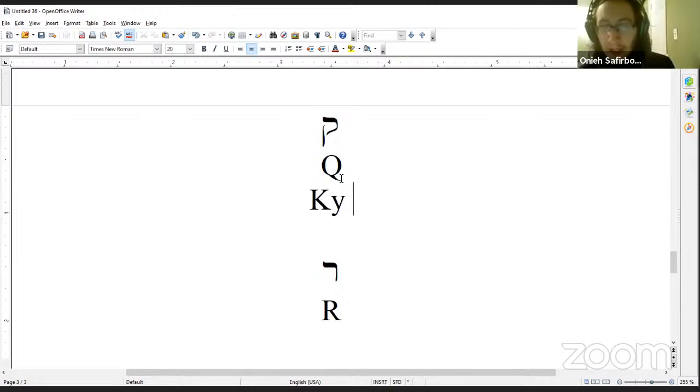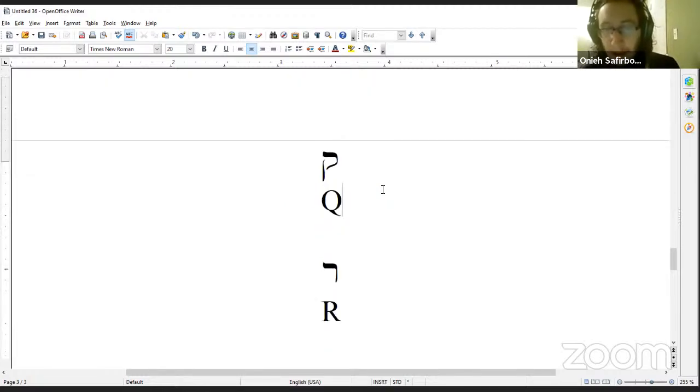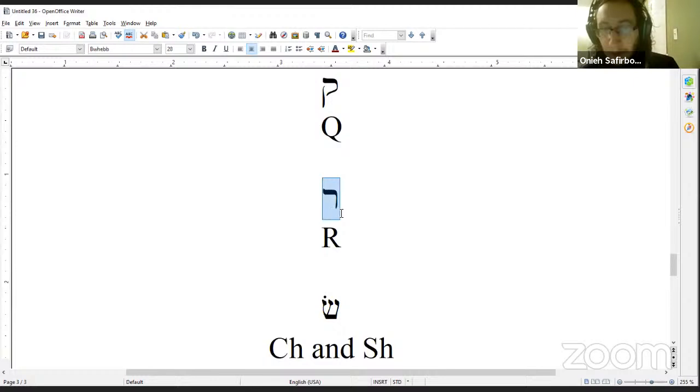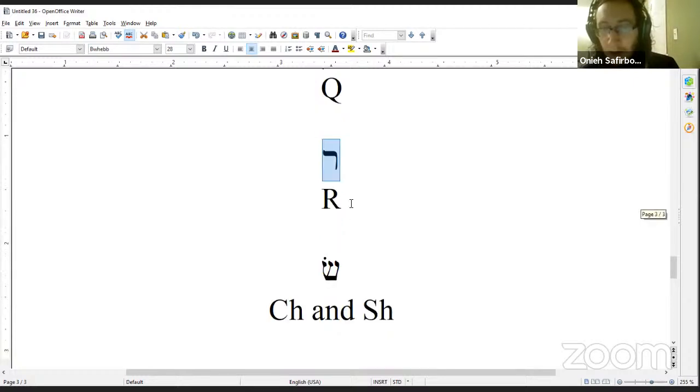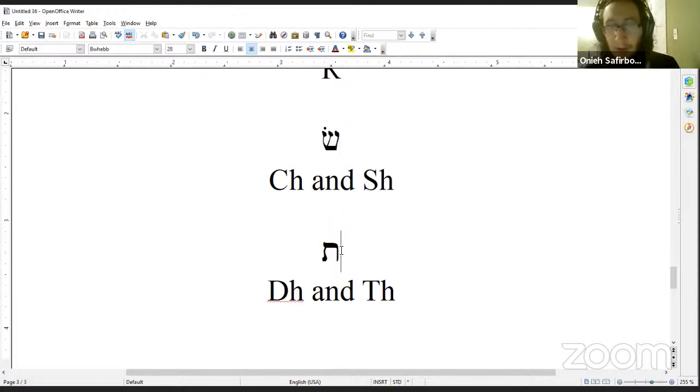It also might sometimes have a GY sound, K and G. It might double as two sounds, just like the other ones doubled as two sounds. So Kof might have that as well. And then Resh is R. Shin is Ch and Sh. And Tav is V and Th.